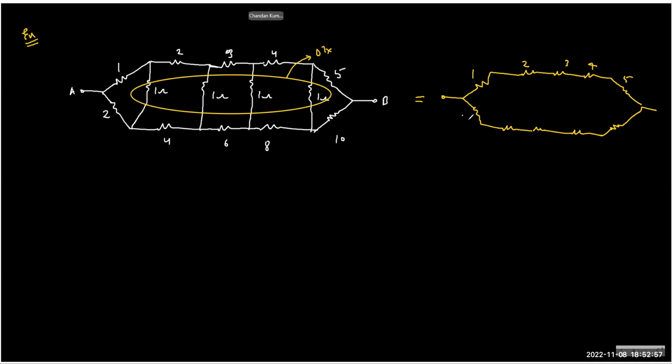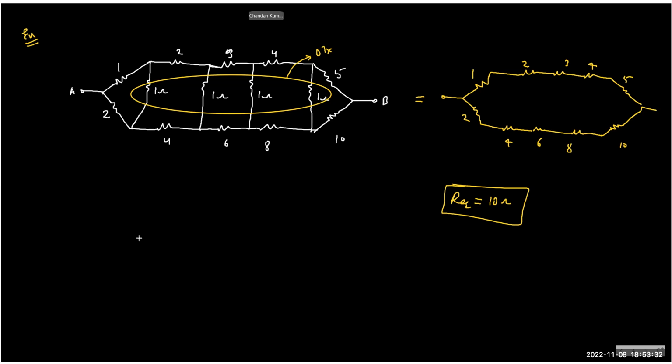The top will be 5, 4, 9, 3, 12, which is 10, 15, I think. 15, and the bottom is how much? 30. So 15 and 30 in parallel is 10. Correct. That's the right answer. So is this clear so far, everyone? Yes. So we are done with the balanced Wheatstone bridge.